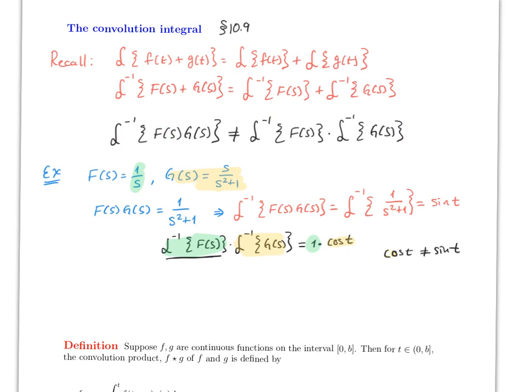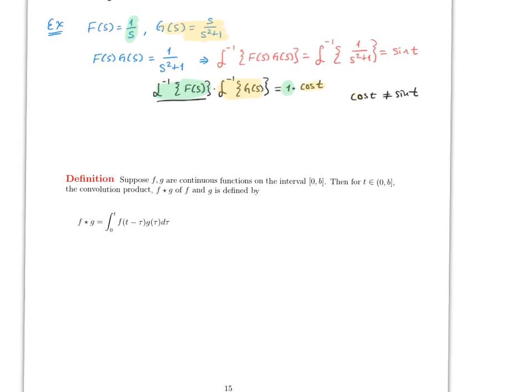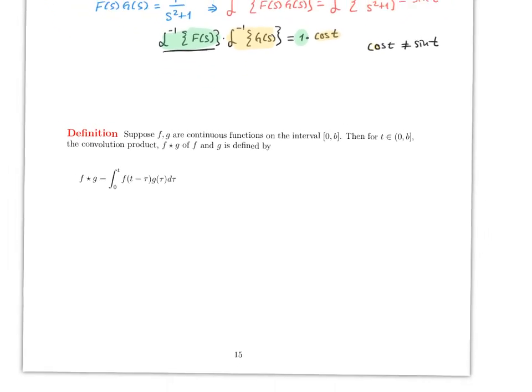Okay, so this brings us to the definition of the new topic we're going to do today. So here's the definition. Suppose that f and g are continuous functions on the interval 0 to b.